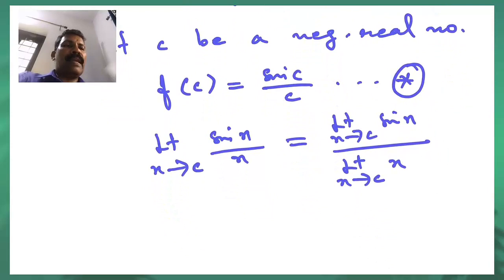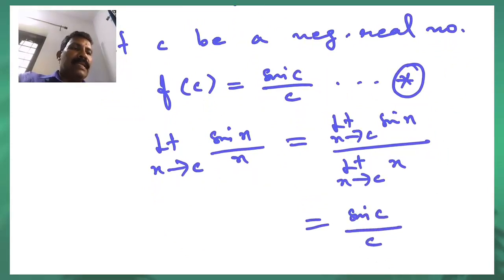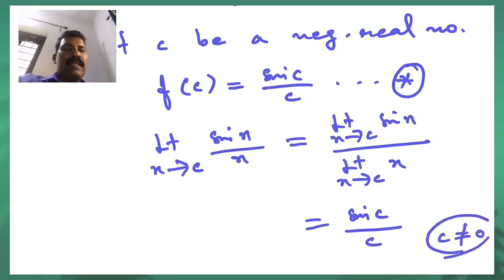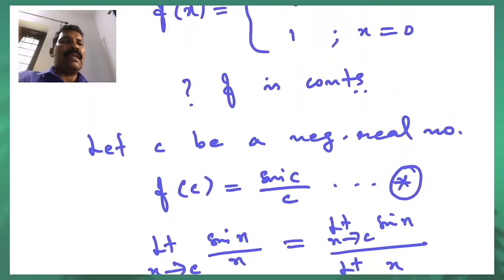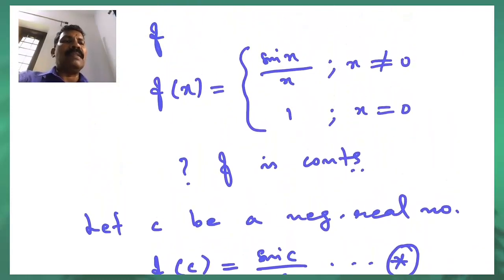Then we have the limit sin c divided by c, which exists because c not equal to 0, that is guaranteed because here c is a negative real number. In the same way we can proceed when c is a positive real number. So that is simple. The only thing is whether it is continuous at x equal to 0, there we have to be cautious.